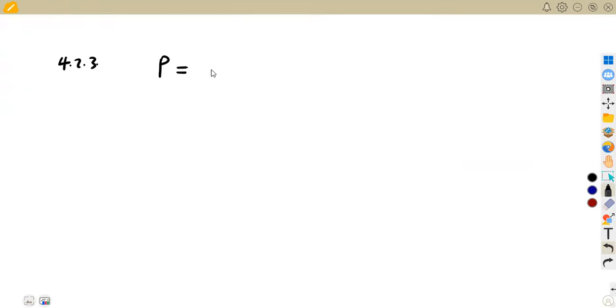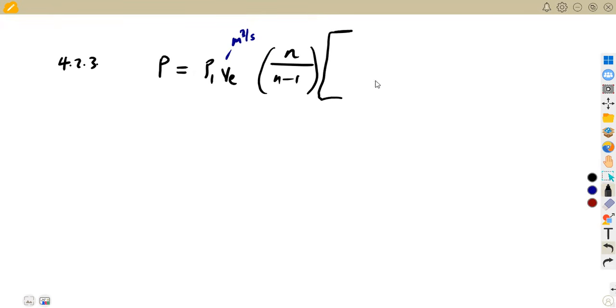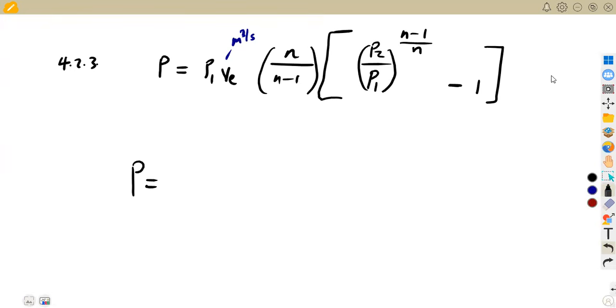So our power is going to be given, we saw our formula was P1, which is the pressure at the input, times the effective volume, which I say must be in cubic meters per second, into n over n minus 1. You're just taking that formula as it is, into P2 divided by P1 to the exponent of n minus 1 over n, minus 1. All right, so this is the formula that we are going to use to calculate the power.